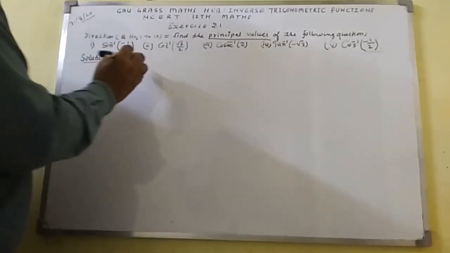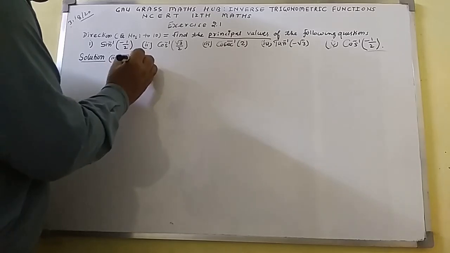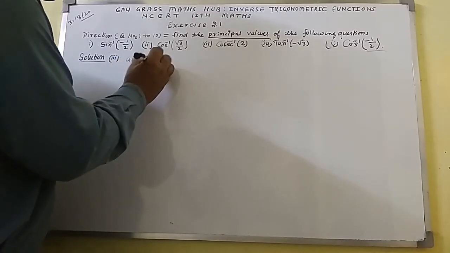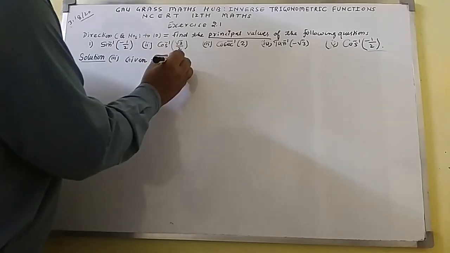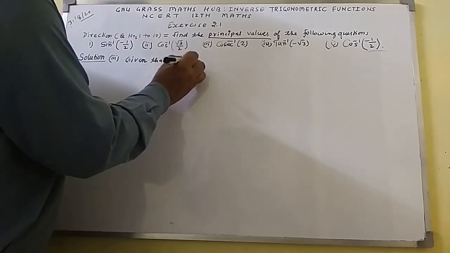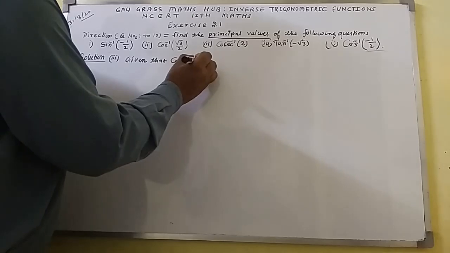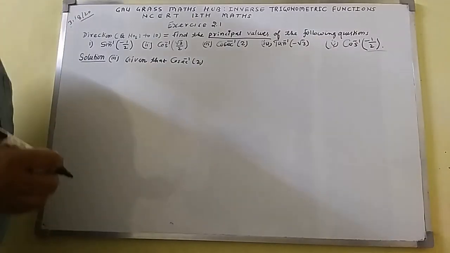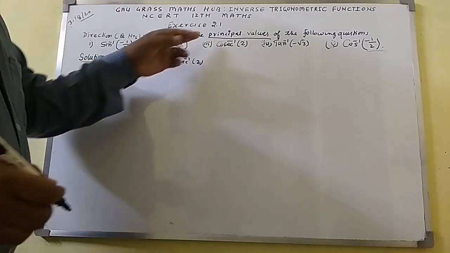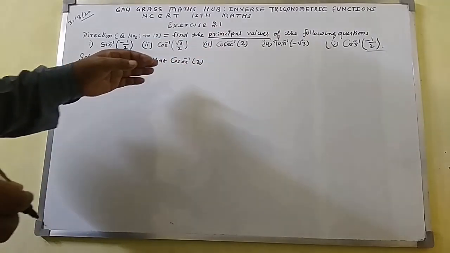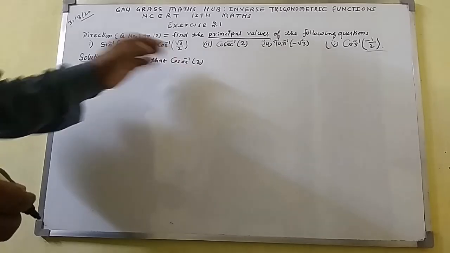Here I shall write given that cosec inverse 2. So here we have to get the principal value of cosec inverse 2.